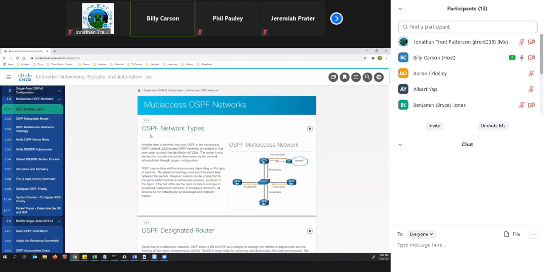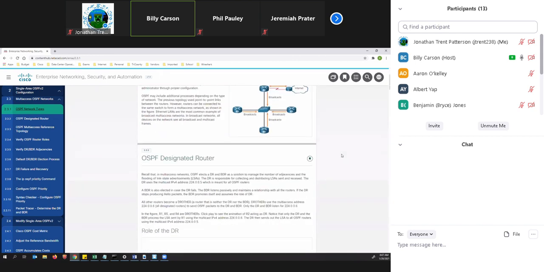So you'll see that here today, where everybody's talking to everybody, knows what's going on, and it moves into that full state. So OSPF network types: point-to-point, broadcast, different things going on here.